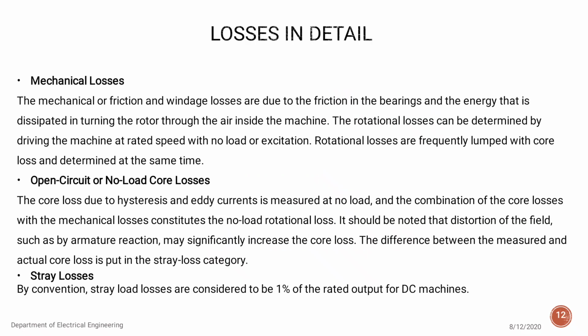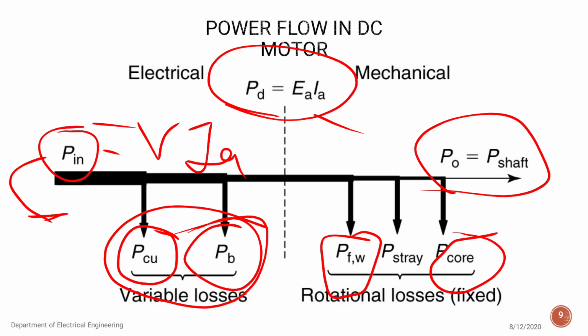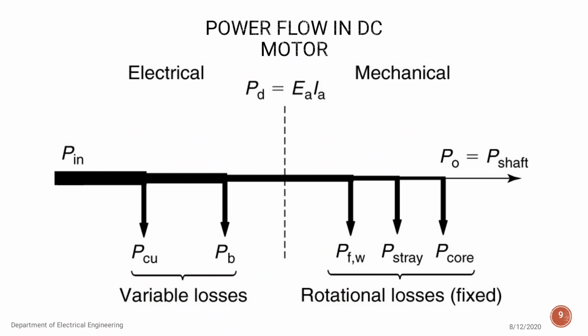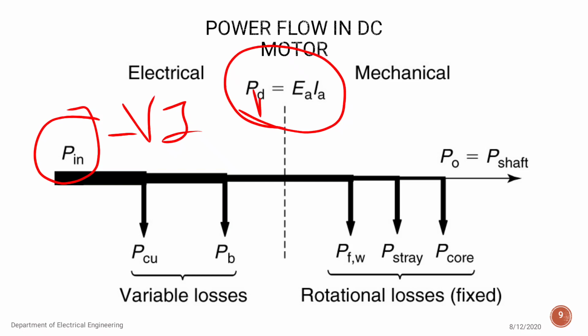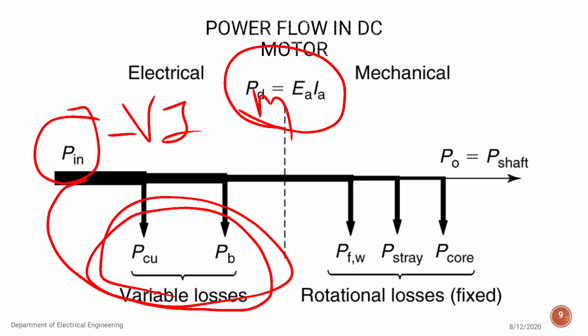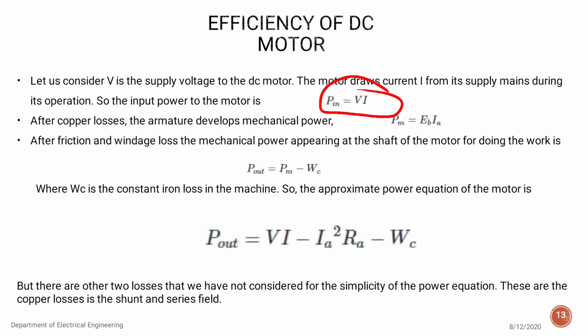So in that power flow diagram, I will show you. Just let me erase all the things. Yes, so here P in we have found, that is V into I. Now this PD, or in short PM, that is the mechanical power. When do we get this power? When we subtract the copper losses from this input power, then what do we get? Mechanical power. See, after copper losses, the armature develops the mechanical power equal to EB into IA. Okay, is it clear? Mechanical power will be EBIA.